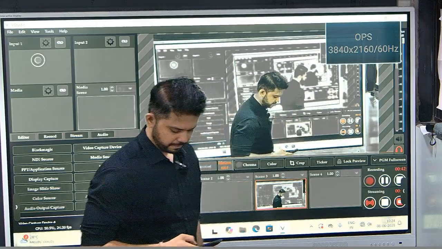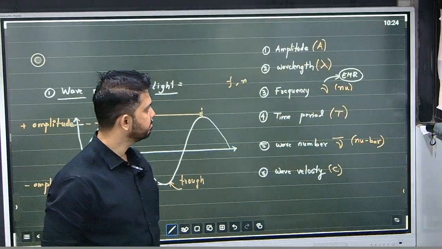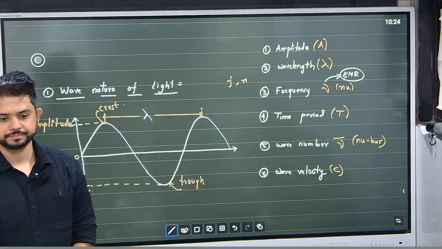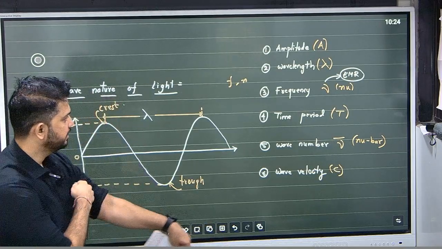Please write down the first wave term, amplitude. Can someone define amplitude for me?